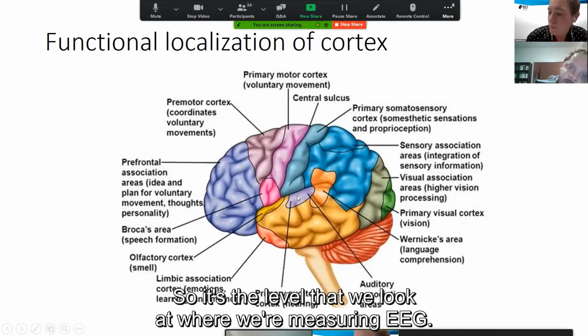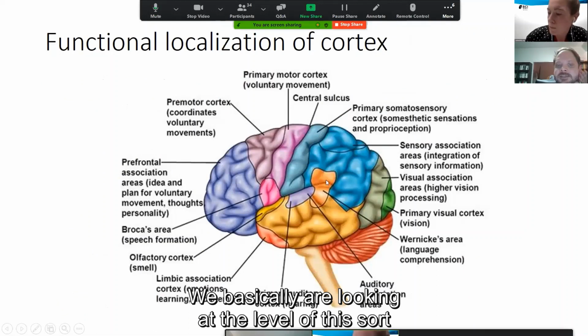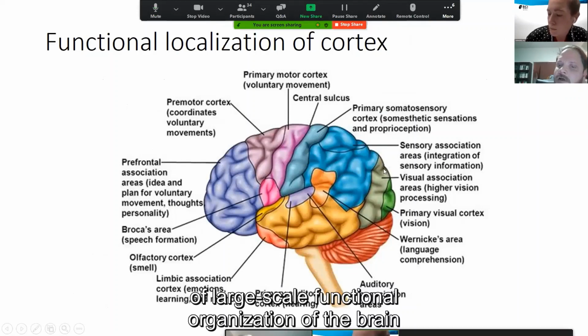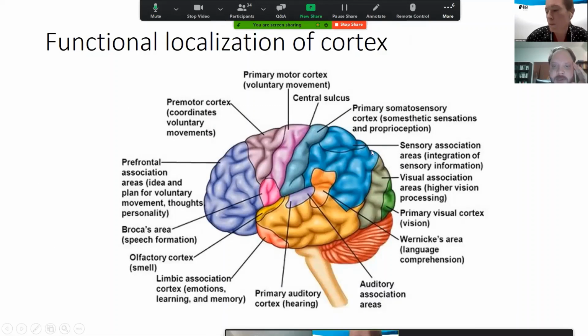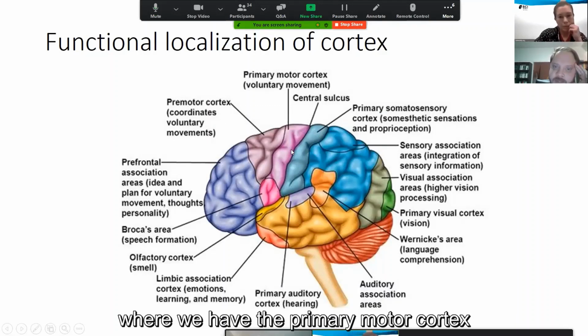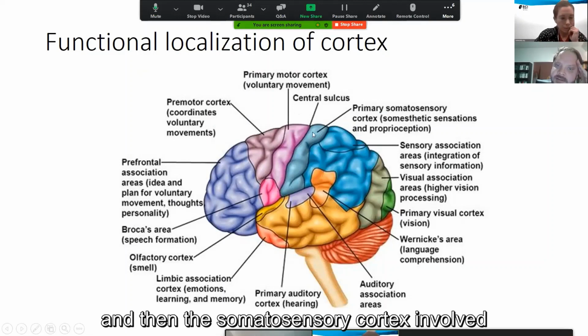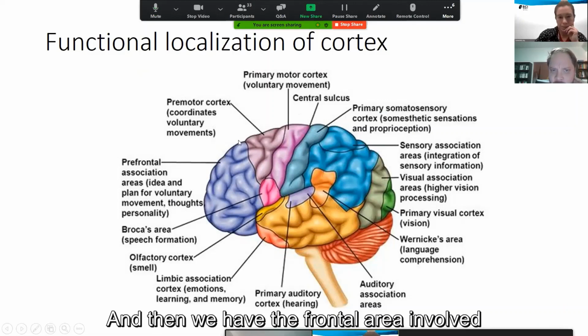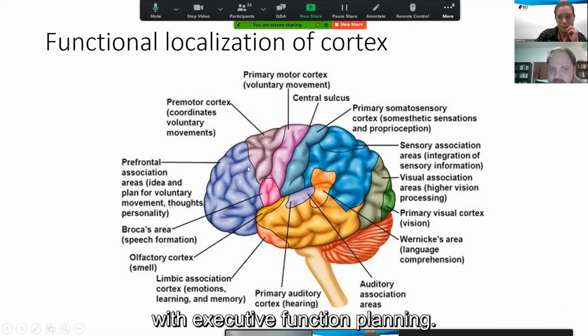So at the level that we look at where we're measuring EEG, we are looking at the level of this large-scale functional organization of the brain, where we have the primary motor cortex and the somatosensory cortex involved in movement and touch, and then we have the frontal area involved with executive function, planning.